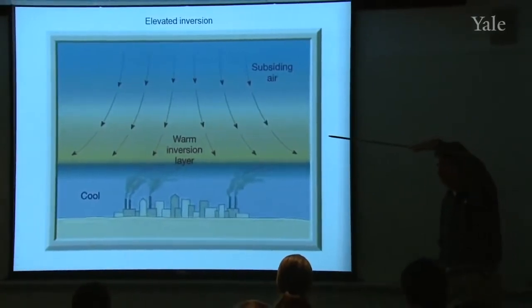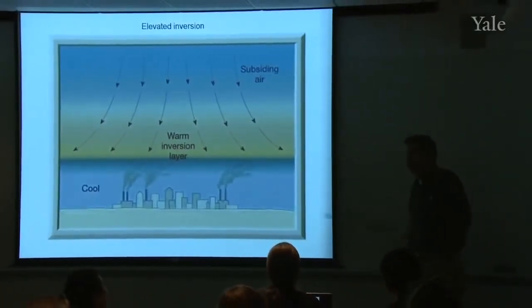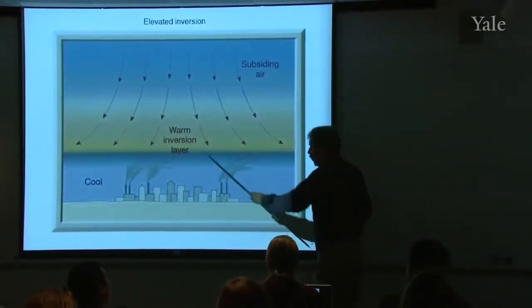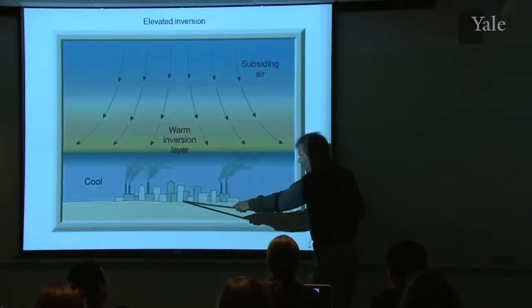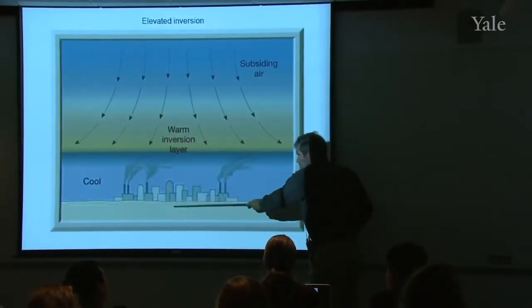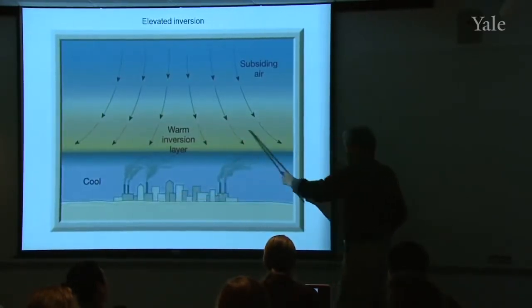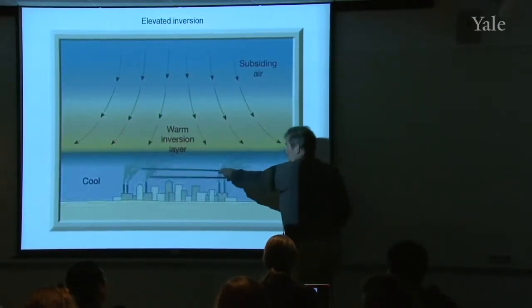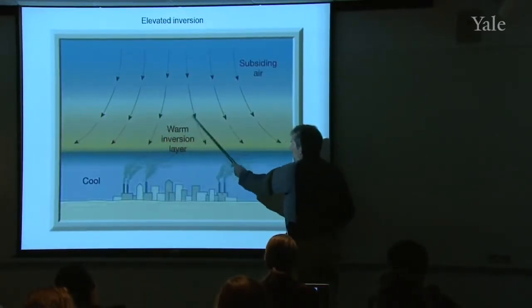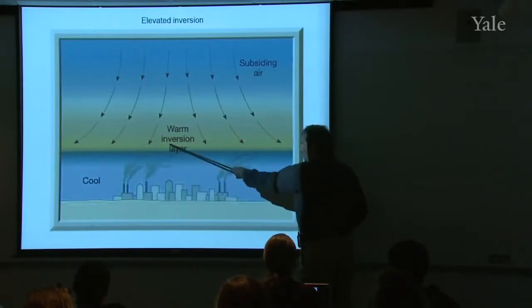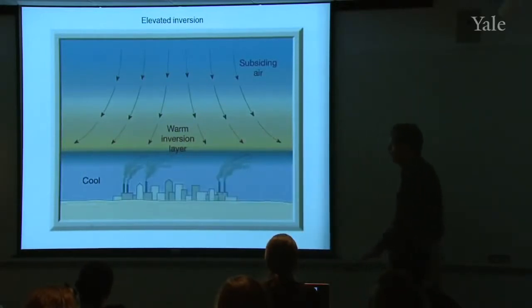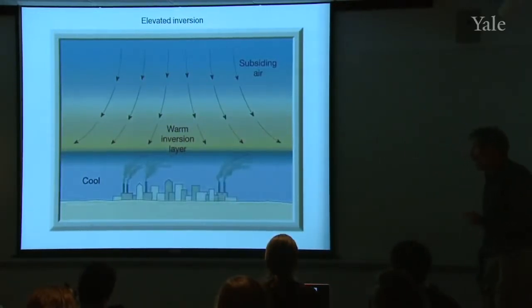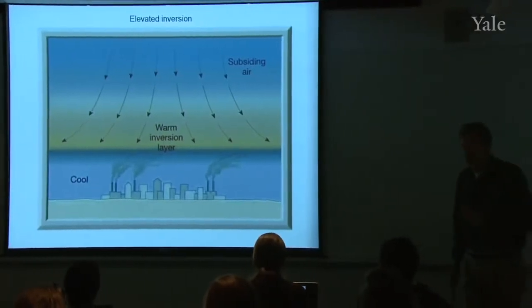The air is slowly descending through the troposphere. Well, that air cannot descend through the Earth's surface because the Earth's surface is solid, so it has to spread out. And you'll get warming here, but not warming at the surface. So you end up in this subsidence situation, creating an elevated inversion.